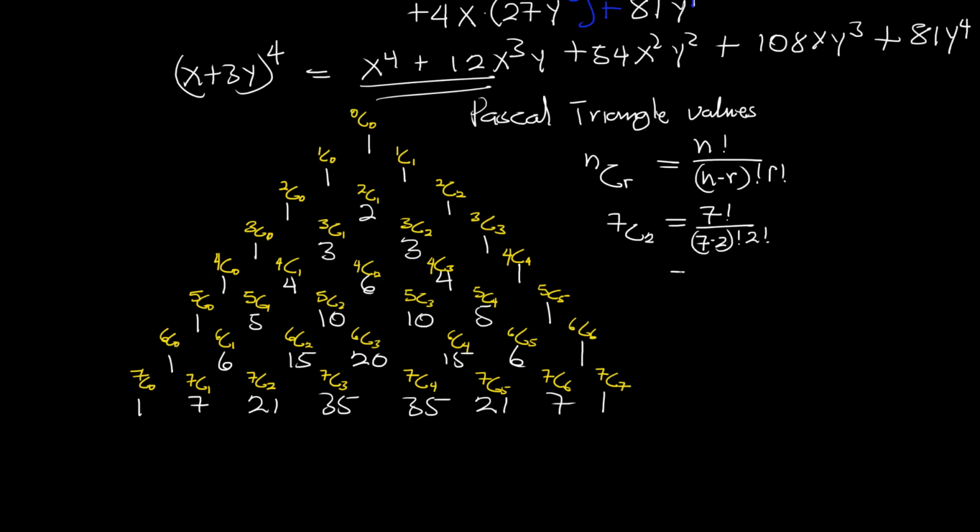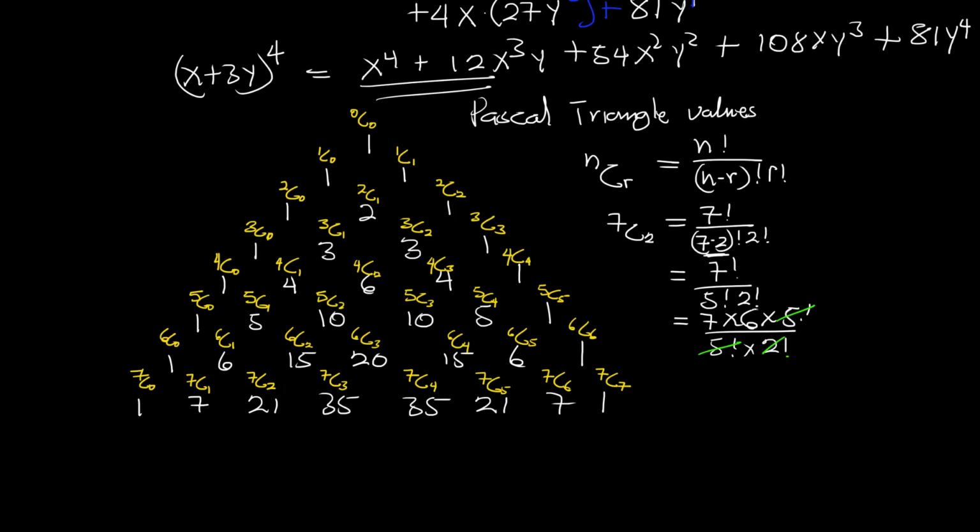So we have 7 factorial over 5 factorial times 2 factorial. Therefore, we have 7 times 6 times 5 factorial all over 5 factorial times 2 factorial. And here we can cross 5 factorial out with 5 factorial.